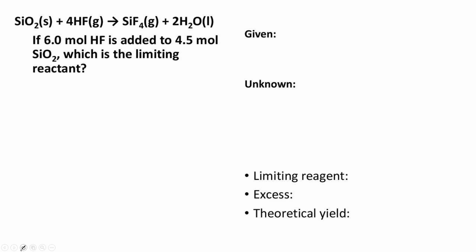My prompt says if 6.0 moles of hydrogen fluoride is added to 4.5 moles of silicon dioxide, which is the limiting reactant. So there's actually 3 answers that we can get here. We can get limiting reactant, we can get excess reactant, and we can get theoretical yield. All right, so the question's only asking for limiting, but we're going to answer all 3 because you have to do all the work to get all 3.